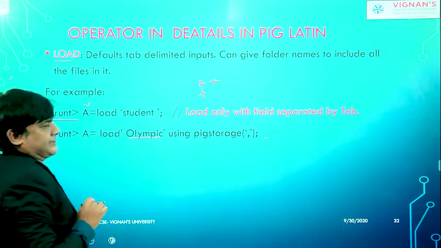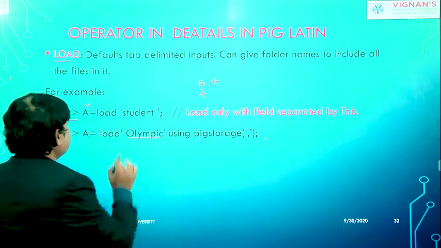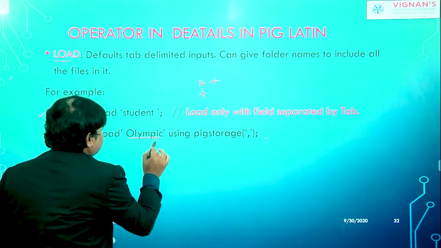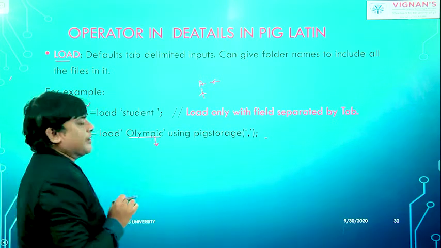The major difference is that this Olympic is also a file. Within this file, you may have an ample amount of data.